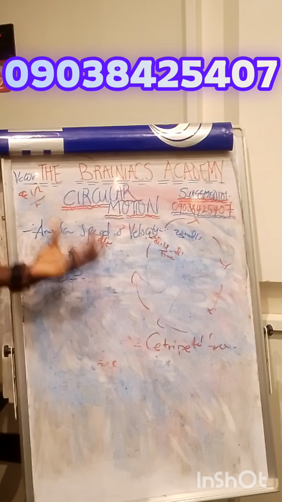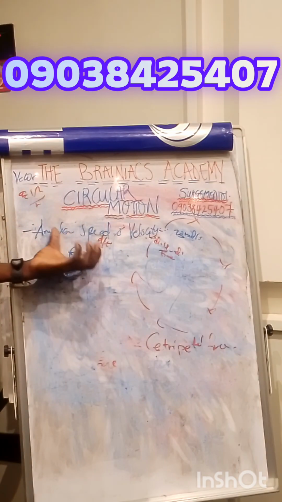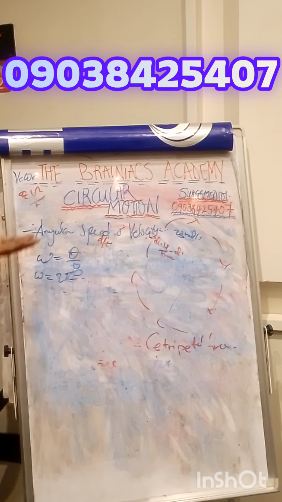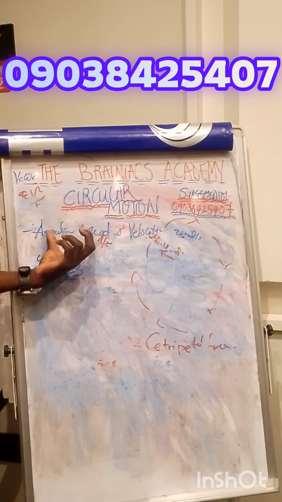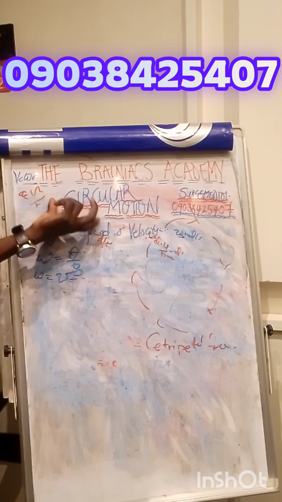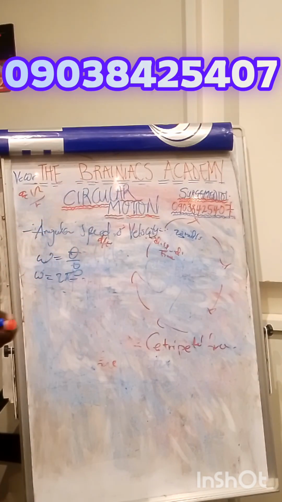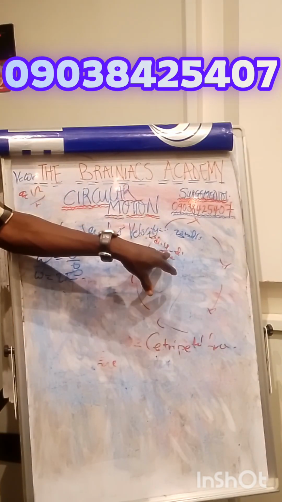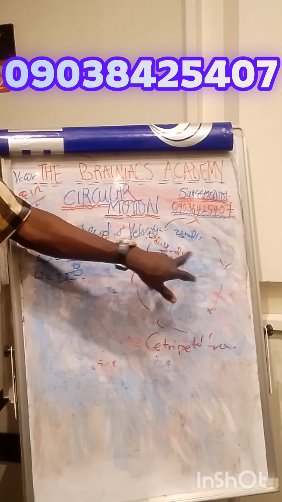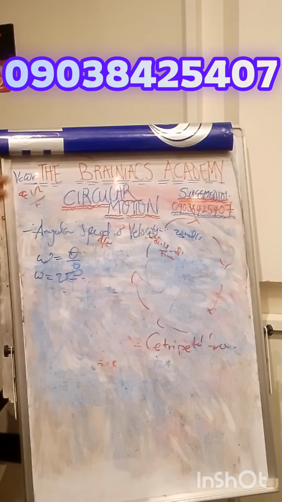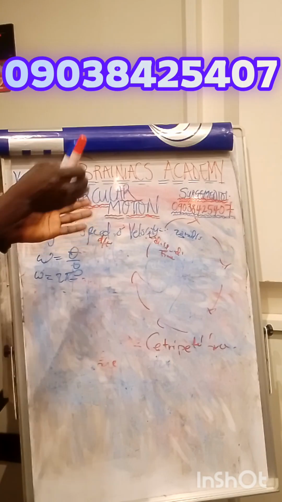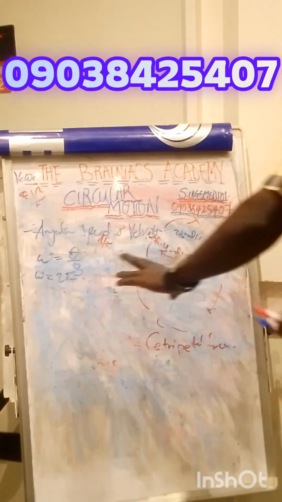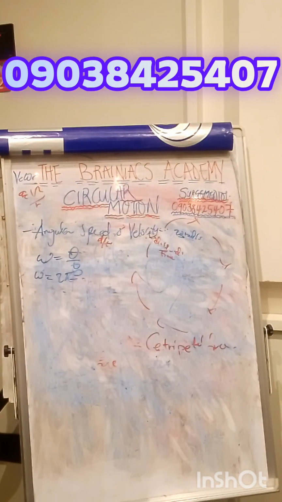Angular speed: if you want to define angular speed, you tell them that angular speed is the rate of change of angular distance per time. But angular velocity will be the angular displacement with time in a specified direction. So can you guys now see how simple the thing is? Can you see the differences between angular speed and velocity now?